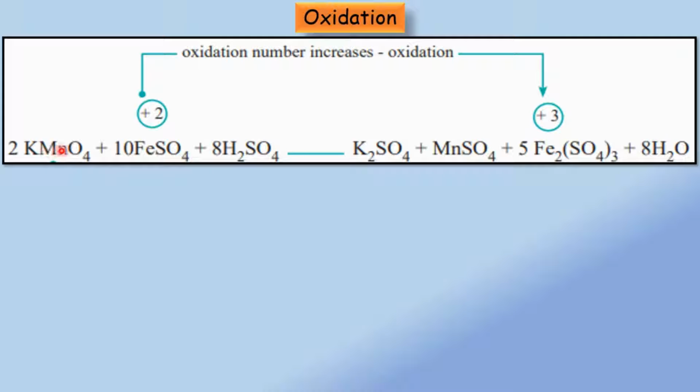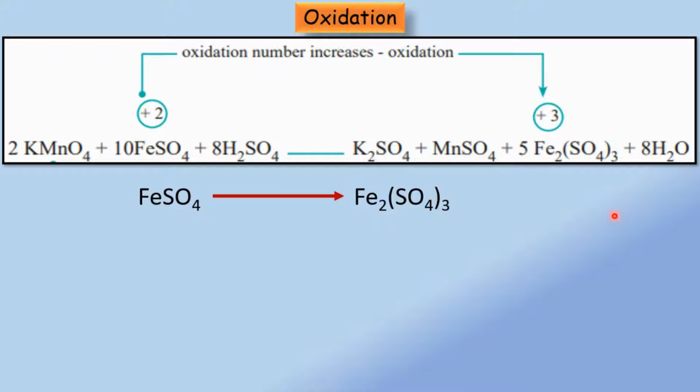Here you can see FeSO4 is transformed into Fe2(SO4)3. So we can say here FeSO4 is oxidized to Fe2(SO4)3. Now let us know how this conversion is an oxidation reaction. For this, let us write an ionic reaction.